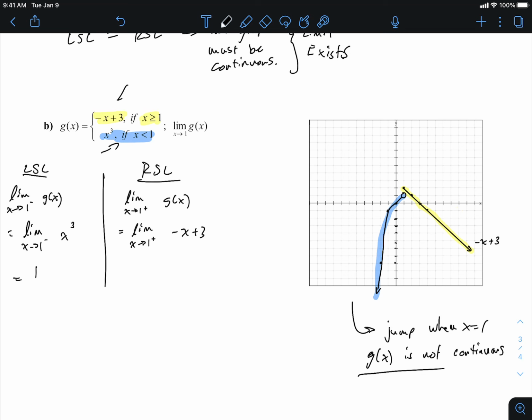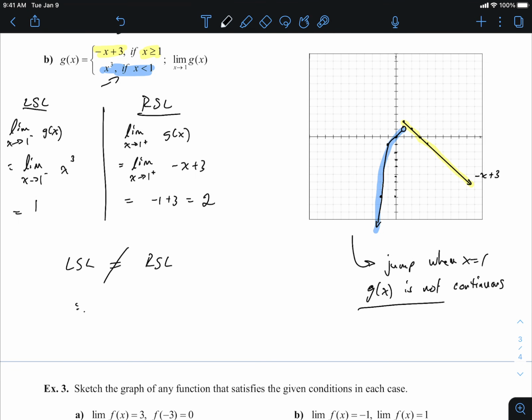Okay, so we just evaluate with direct substitution. We get negative 1 plus 3, which will equal 2. And you can see that the left side limit does not equal the right side limit, and therefore not continuous.